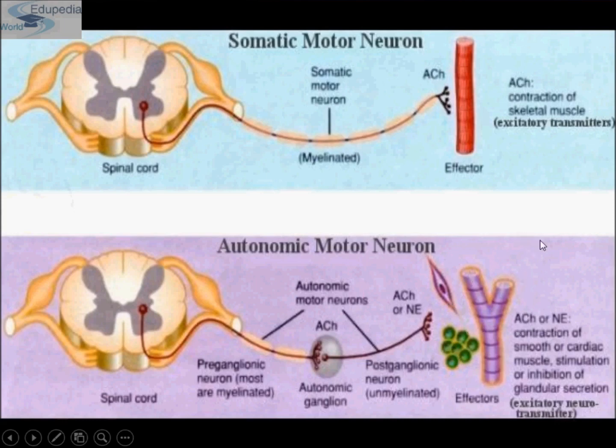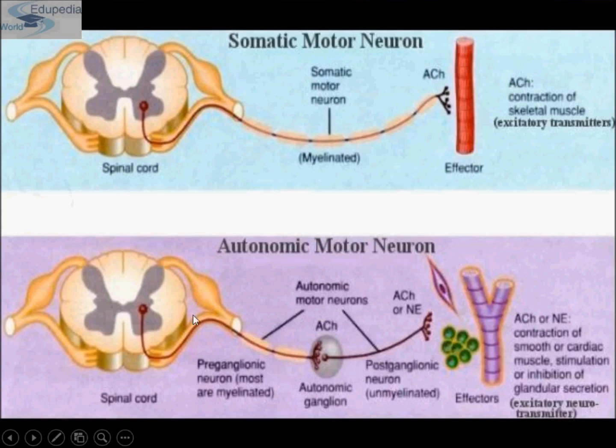So this is how it takes place: this is your spinal cord or your CNS and this is your autonomic motor neuron. And this is your autonomic ganglion. Through this, this is your preganglionic neuron and this is your postganglionic neuron.